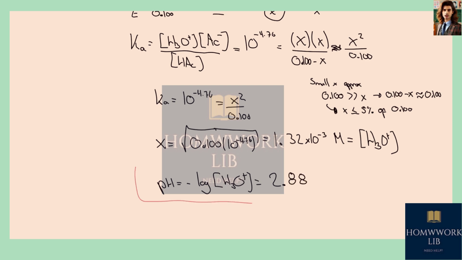And with that, it would be all. Over here, we can verify that the value for x is going to be much smaller than 0.100. So for example, over here, x as a percent would represent 1.32% of the initial concentration.